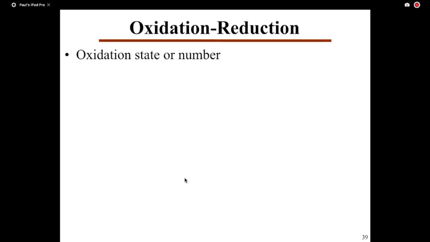Okay? Now, let's talk about oxidation state. We need to identify what oxidation state each of the atoms is in. Now, you kind of learned this already. When chlorine reacts, what charge does it become? Minus what? 1.